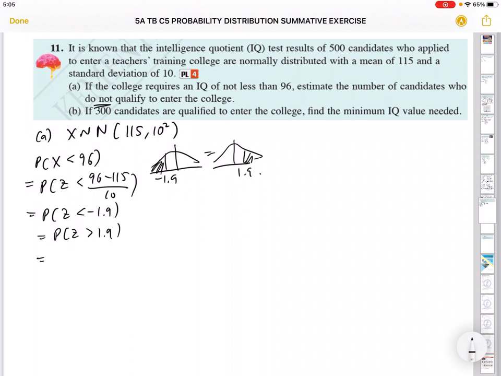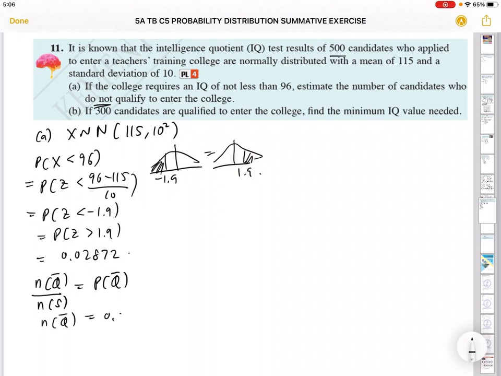We know that the number of people who do not qualify divided by the size of your sample space represents the probability of people who do not qualify, right? So you're finding the number of people who do not qualify. You take the probability 0.02872, you multiply with the size of your sample space 500, you get 14.36.